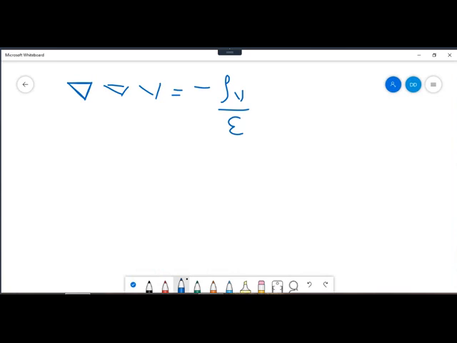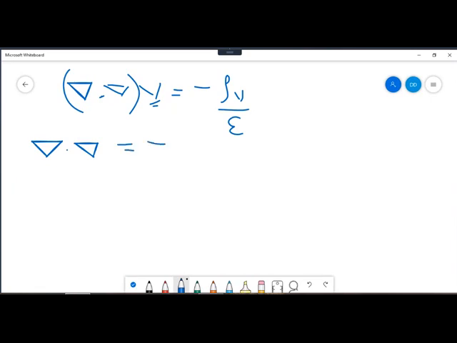Now this is del dot del. This del dot del operand means it is gradient of gradient. Remember, the del operator is gradient for a scalar operand, and for a vector operand it is divergence. So V here, the potential, is a scalar operand, so it is gradient dot gradient.